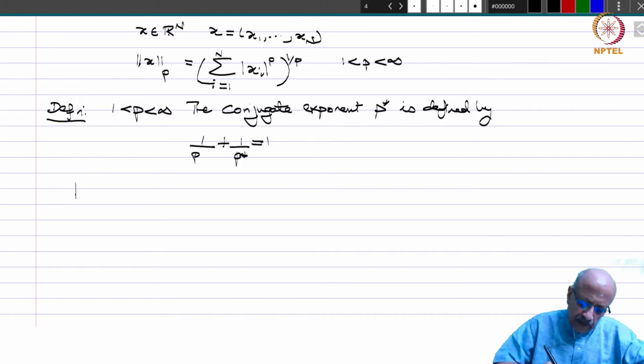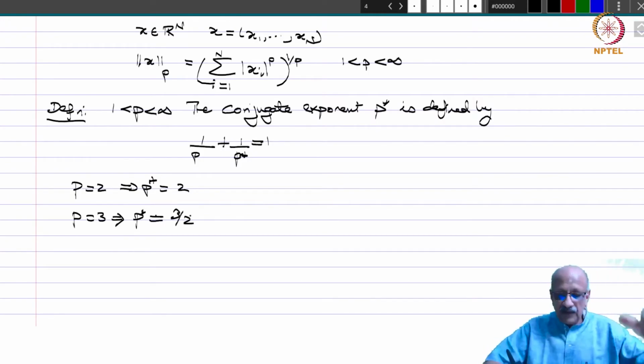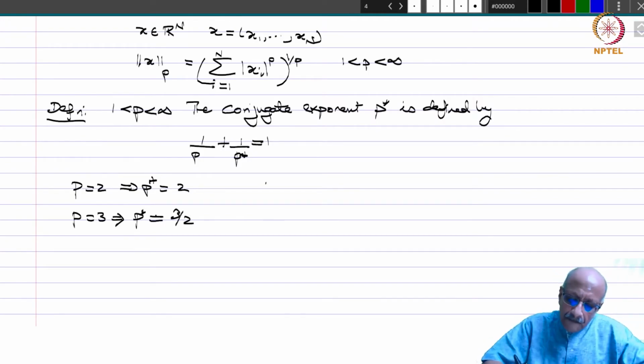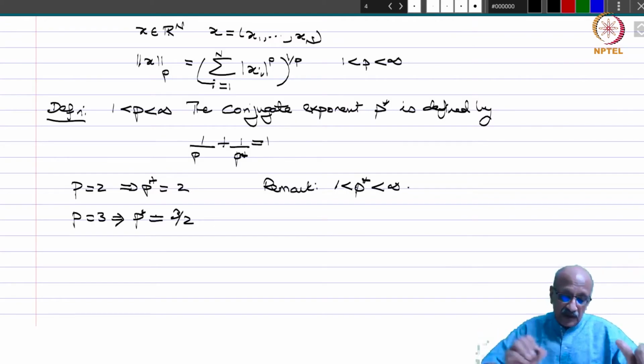So for instance, if p equals 2, then p star is also 2. If p equals 3, then 1/p is 1/3, so 1/p star is 2/3, and therefore p star will be 3/2, and so on. So this is how we define p star. So remark, 1 < p star < infinity as well.